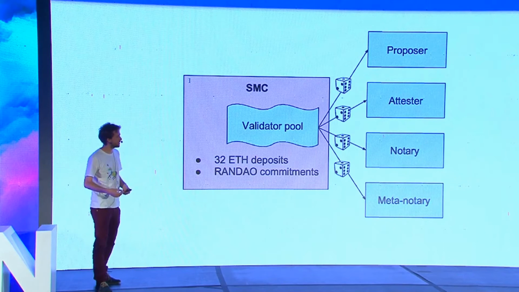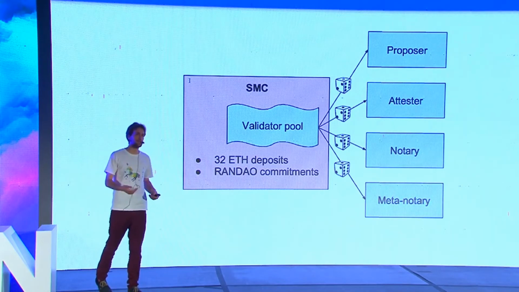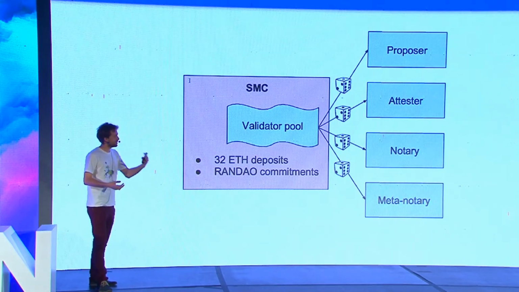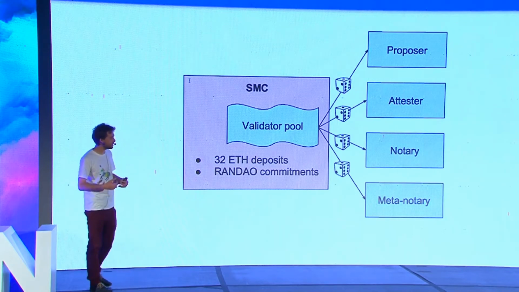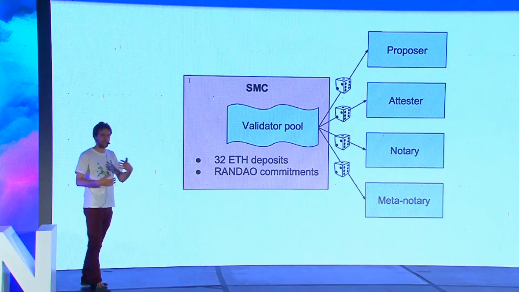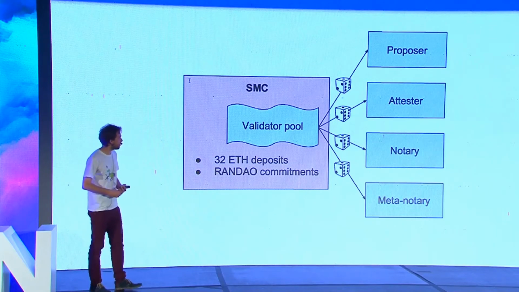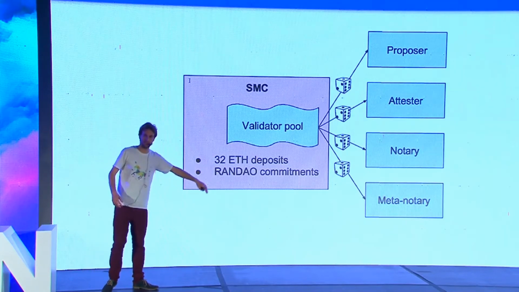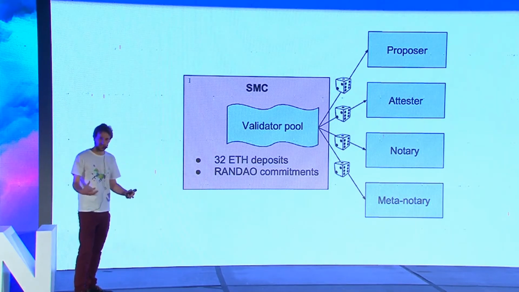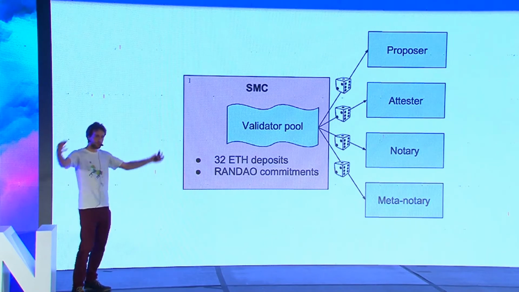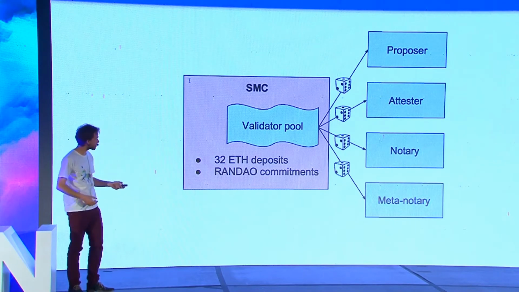You might be called upon as an attester or a notary, which is basically to download data and attest that this data is available and sign off on this claim. Or you might be called upon as a meta-notary, which is to take checkpoints of the shards and reincorporate them into the main chain.